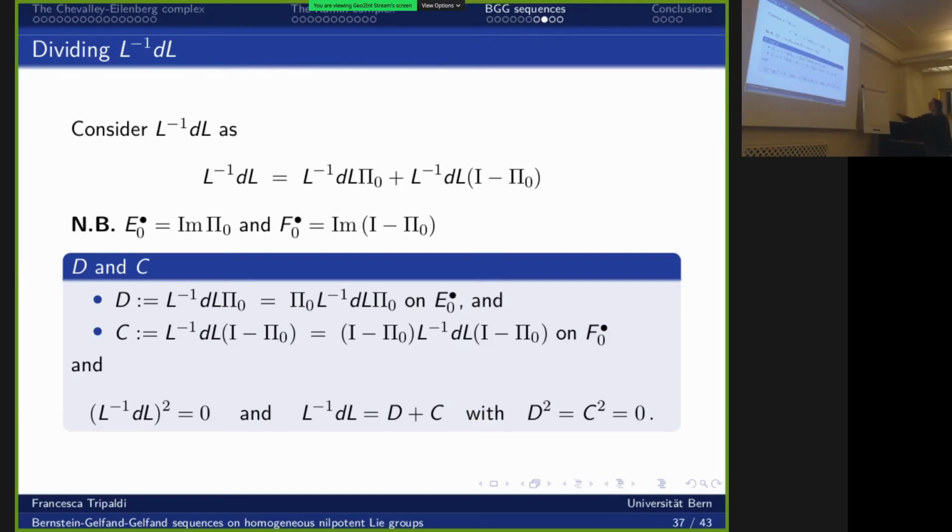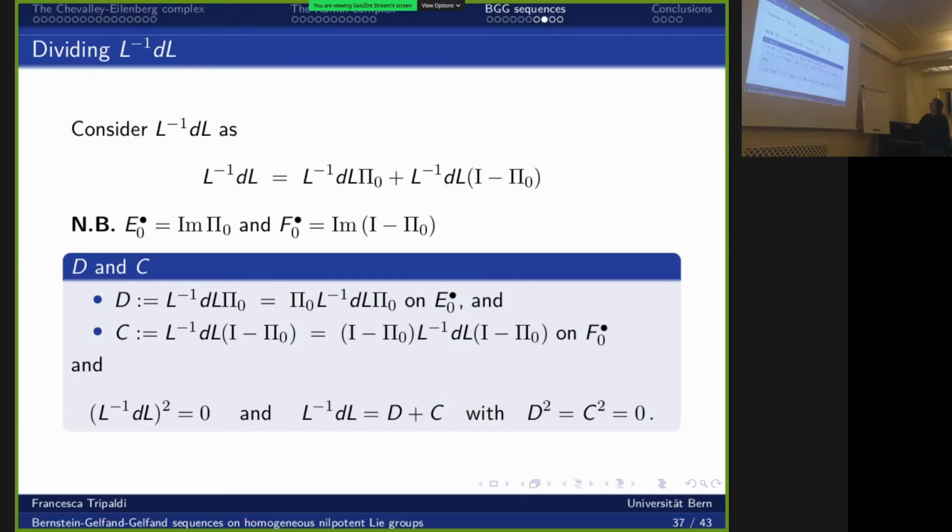Okay, so I just decouple this by projecting on pi 0 first, then projecting on E0 and then projecting on F0. I want to introduce D. So this is the same thing. You just check that if you introduce pi 0, it doesn't change anything.